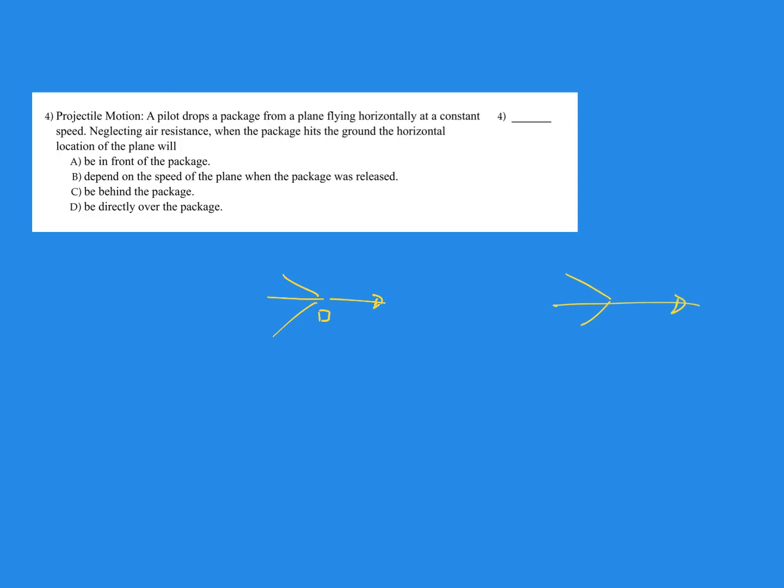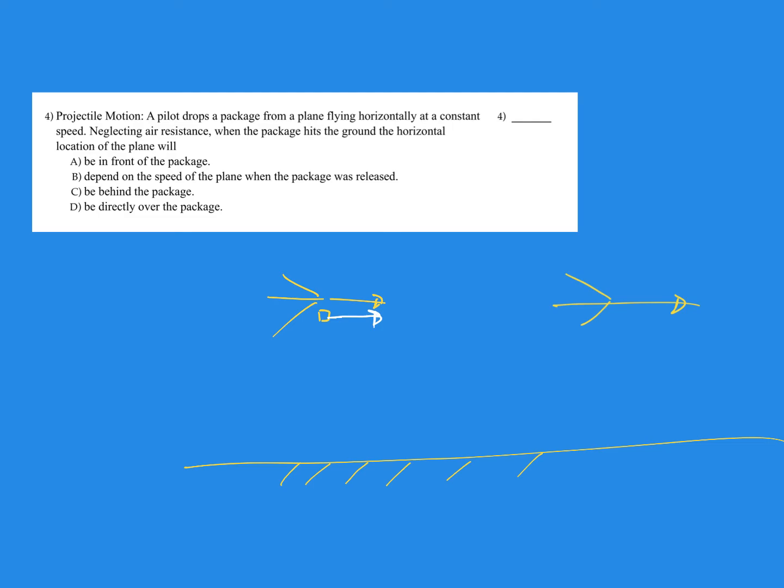When the package hits the ground, where is the location of the plane? When the package is released from the plane, it has the same initial velocity as the plane.